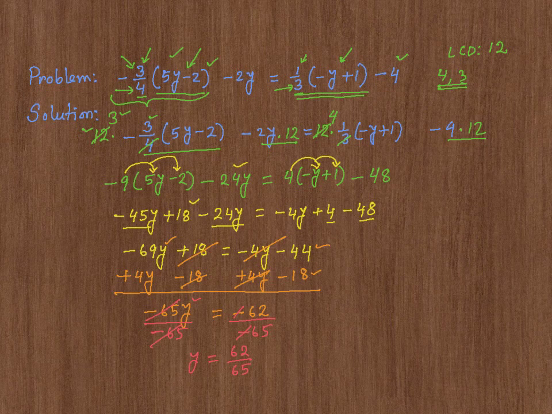Now if you write it as a decimal, it's going to be 0.953841615, and a bunch of other numbers. Let's say we want to round it to the second digit after the decimal, that is the 100th place. So we need to look at the third digit after the decimal.